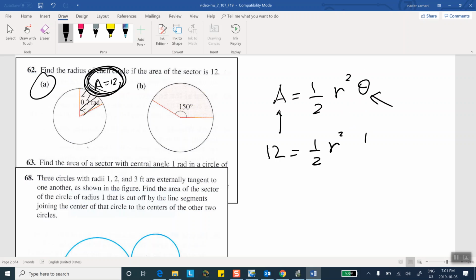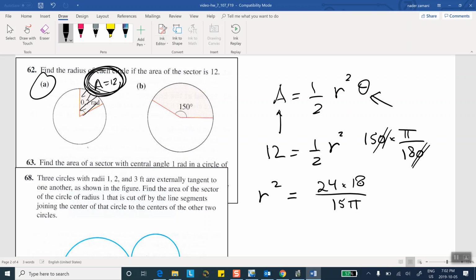So it's going to be 150 multiplied by pi divided by 180. So R squared is going to be, let's do a little cleanup here. This 0 cancels that 0, just to make my job easier. So it's going to be 24 multiplied by 18 divided by 15 pi.